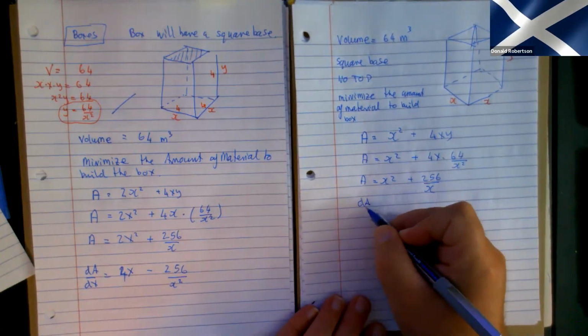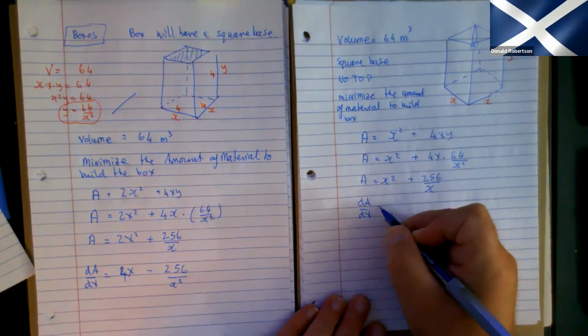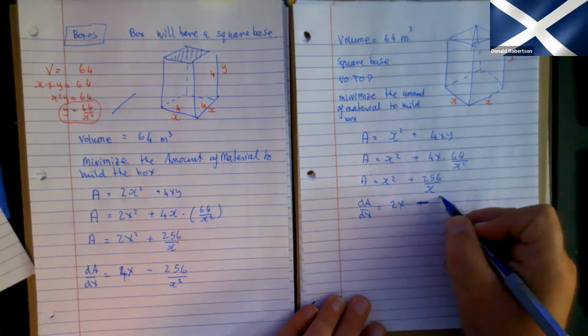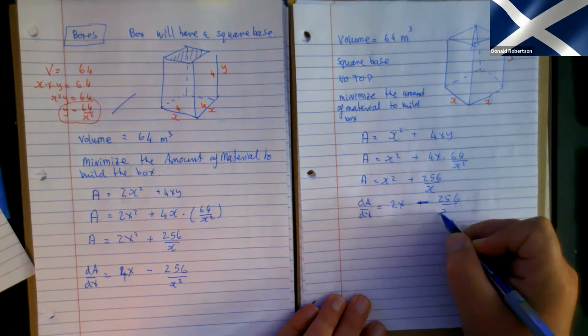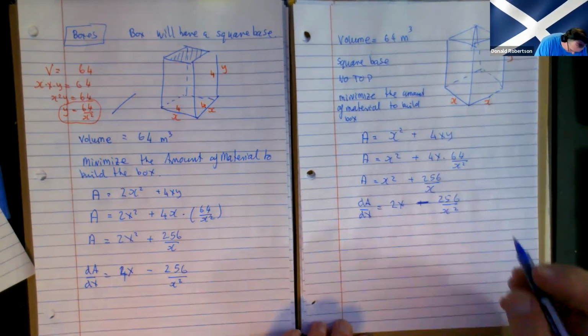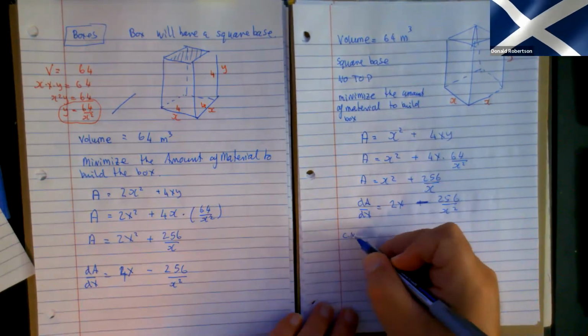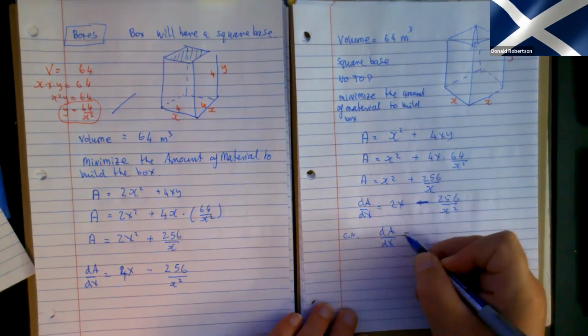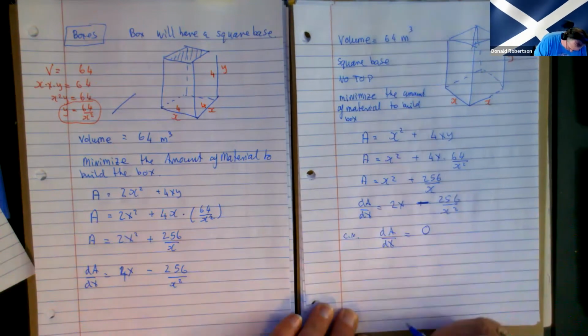So I will now differentiate with respect to x, only this time it is 2x. But everything else is pretty much the same. Now find the critical numbers. The only ones I'm interested in are the ones that make the derivative 0.